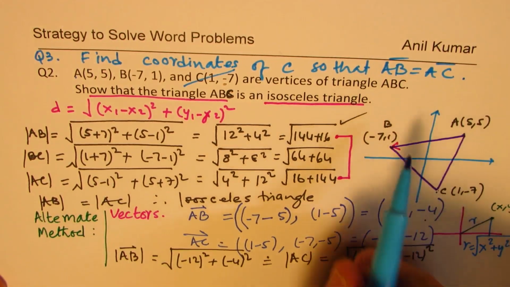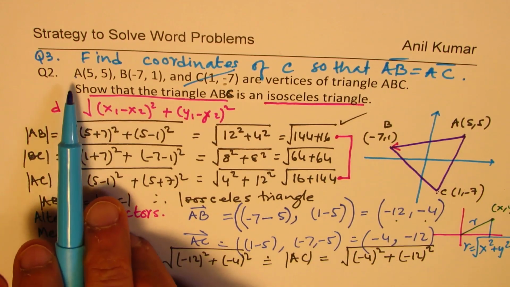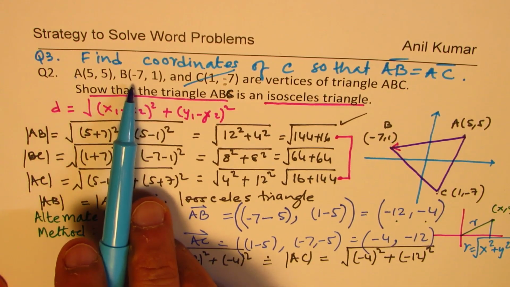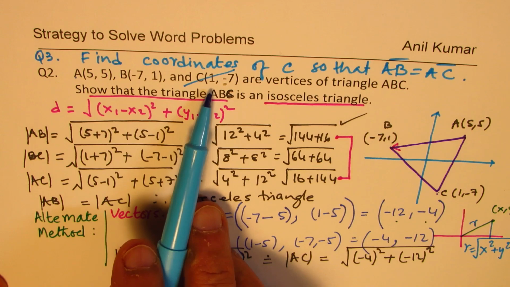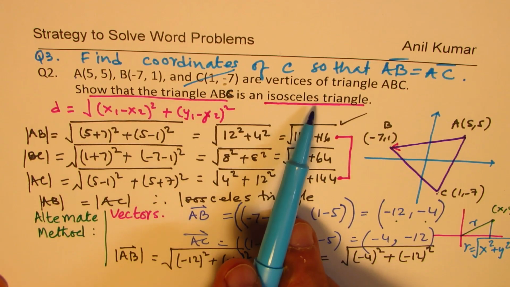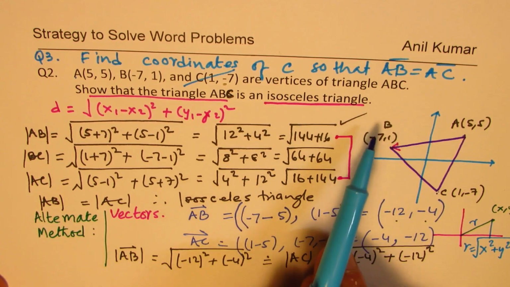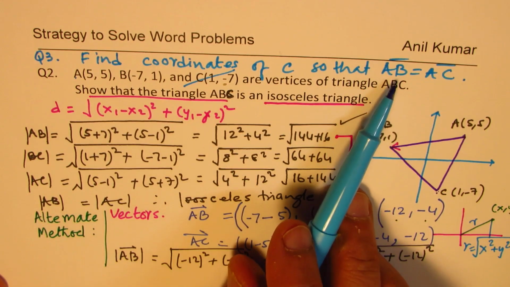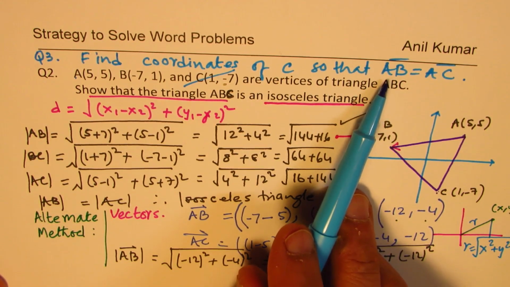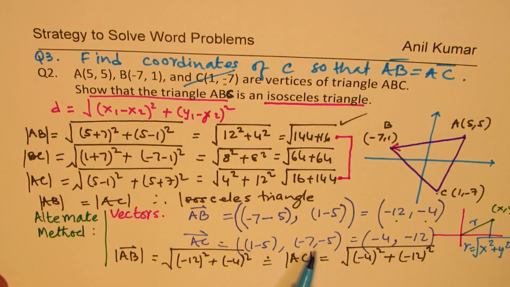Now let's say I change the question. I say, you are given points A and B, you need to find C, but that will make an isosceles triangle. You get my idea? The other way. Now if I give you this question, then imagine how easy it will be working the way I told you just now. Try it.